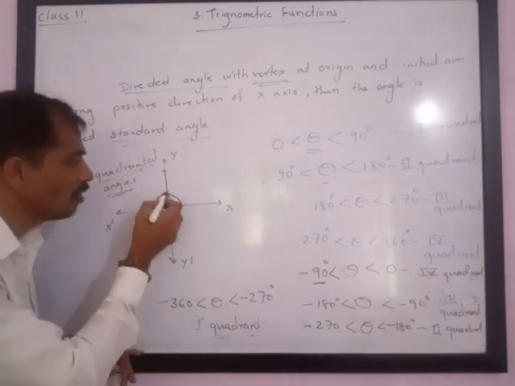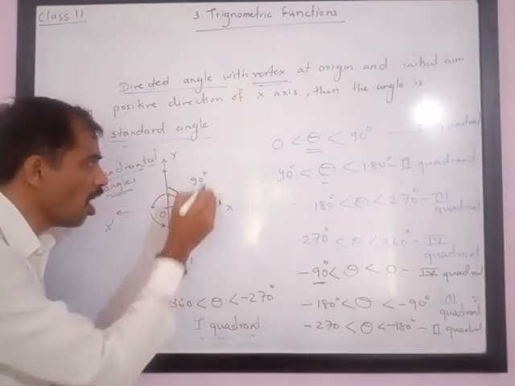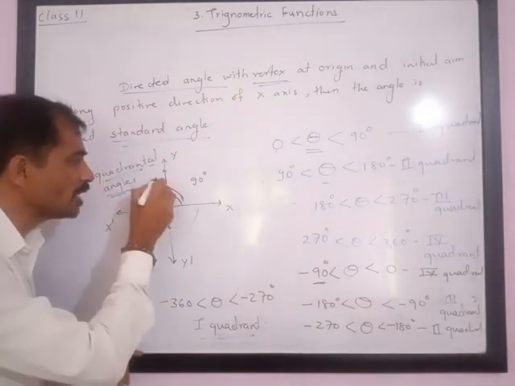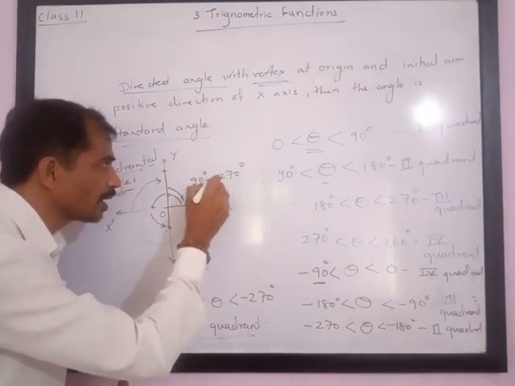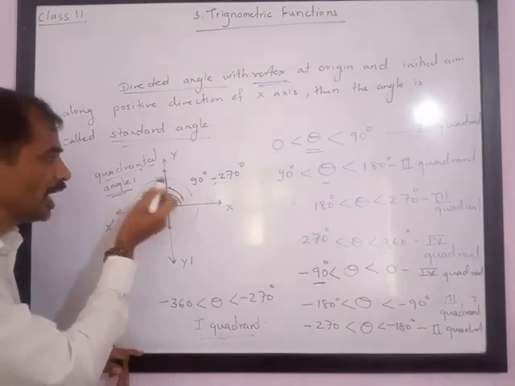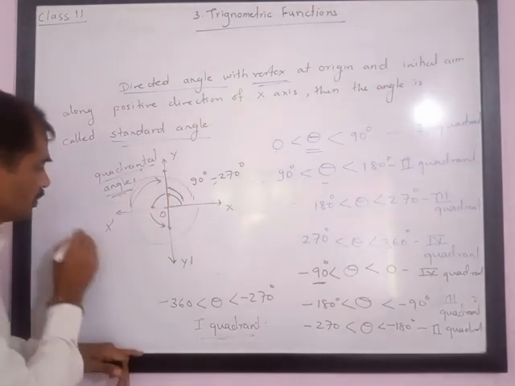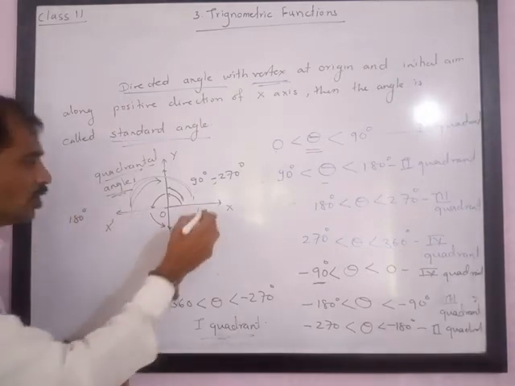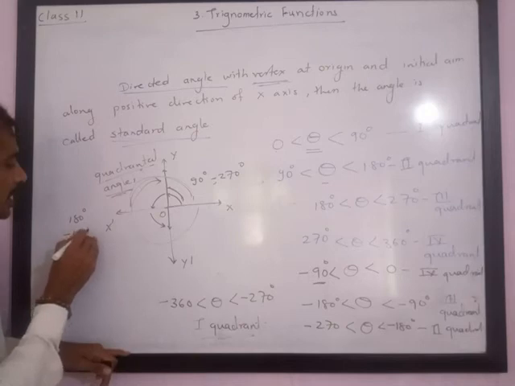Hence, this quadrantal angle is 90 degrees, or if it is measured in clockwise direction, it will be negative 270 degrees. If it is rotated in the anti-clockwise direction, we will get 180 degrees. If it is rotated in clockwise direction, we will get negative 180 degrees.